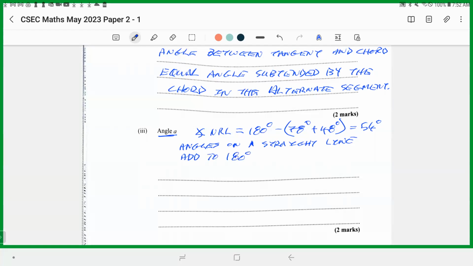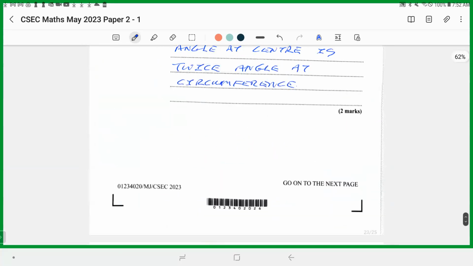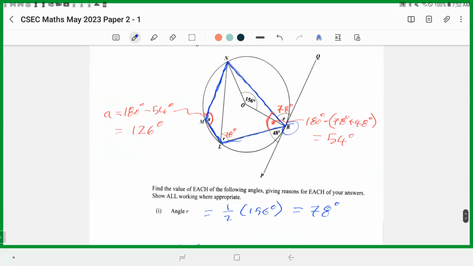So the angles through this point, these three angles, 1, 2, 3, complete the straight line through the point. They add to 180 degrees. So the missing angle inside here is 180 minus the sum of these two. That is 54. Then now we're going to use the cyclic quadrilateral rule.